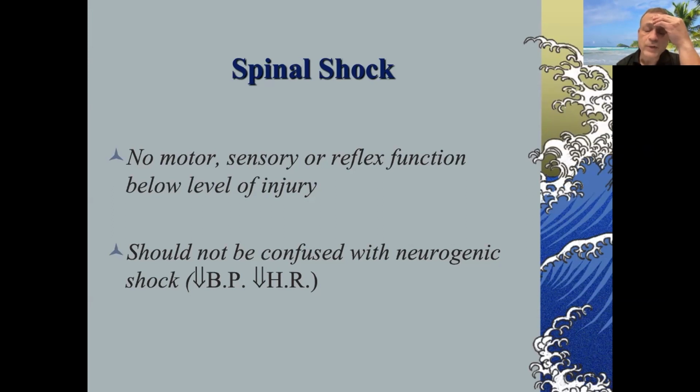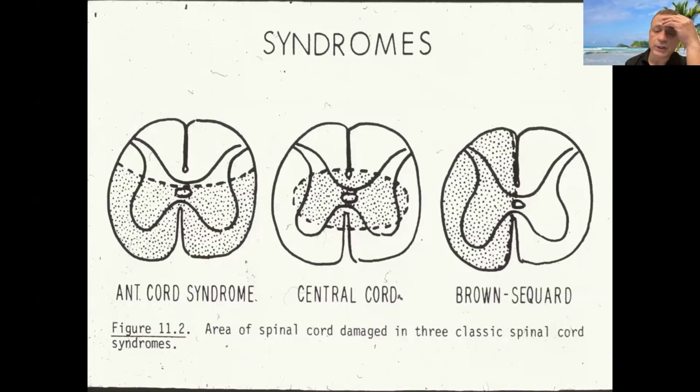So you have decreased blood pressure, which is the shock part, but you also have a decreased heart rate, as opposed to an increased heart rate, which might be seen in anemic shock, septic shock, cardiogenic shock. So if you see someone with no movement and has a level above T6 and has hypotension and a bradycardia, that's a manifestation of neurogenic shock.